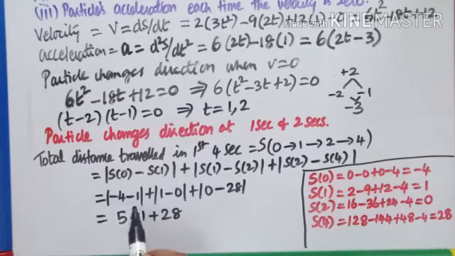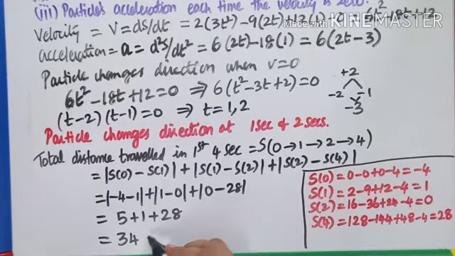Even if a negative symbol comes, modulus gives out positive. So the total answer is 34, and 34 will be the distance travelled in the first 4 seconds. No units are mentioned in the question anyway. Since it is distance, let us put that many meters.